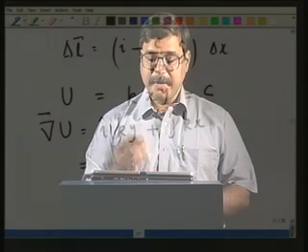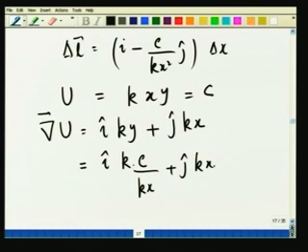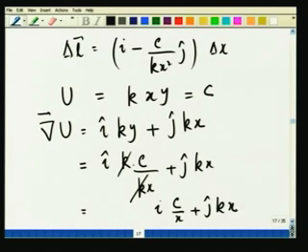And since this is a constant, I again can write on that particular curve, k y is nothing but c over x, plus j k x. So, at a given point on that curve or the contour, gradient of U is going to be i c over x plus j k x.